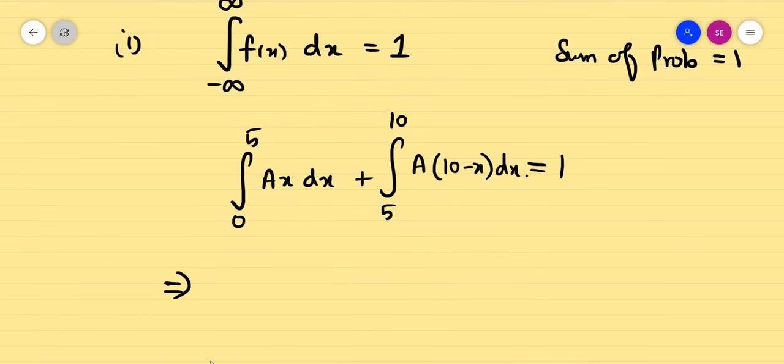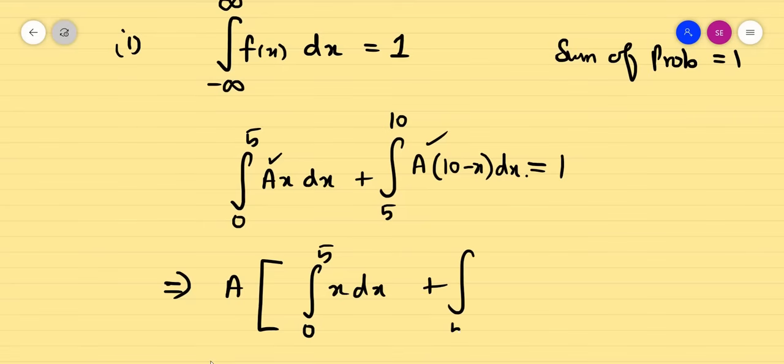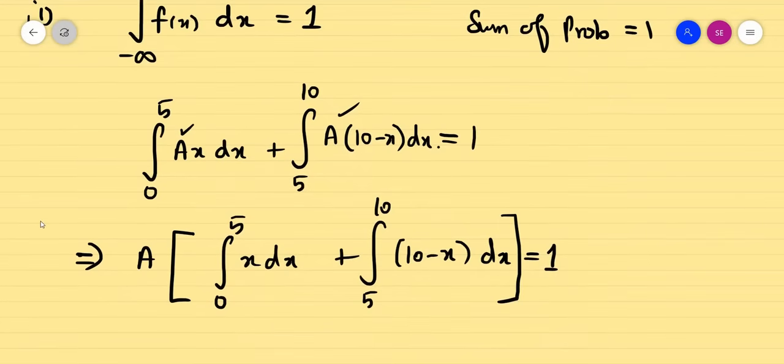Now you see, a is common here. I can take a outside. Students, do you remember what is the integration of x? Or you forgot everything? Or you want to recall? Say something, guys. So is that x raised to n plus 1 by n plus 1? Very good. General formula you said.